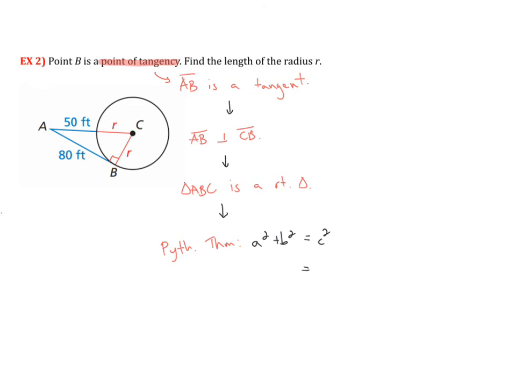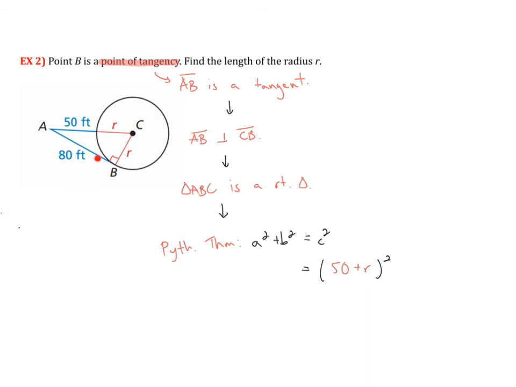On the right side of the equation, once more, this is going to be 50 plus r quantity squared. I'm squaring the whole thing because, keep in mind that C is the entire hypotenuse, and the entire hypotenuse is 50 plus r. And then for A and B, it doesn't really matter what we substitute into where.